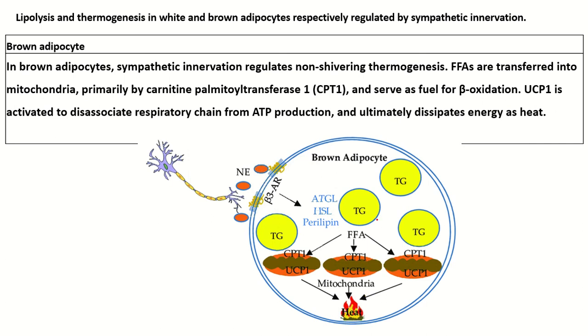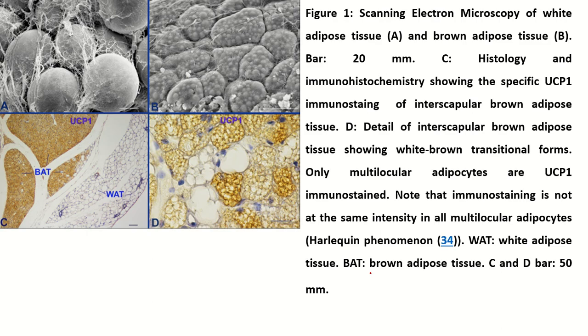UCP1 is activated to dissociate the respiratory chain from ATP production and ultimately dissipate energy as heat. So the UCP protein genes are present in the brown adipocyte, which is responsible for production of heat in non-shivering thermogenesis.